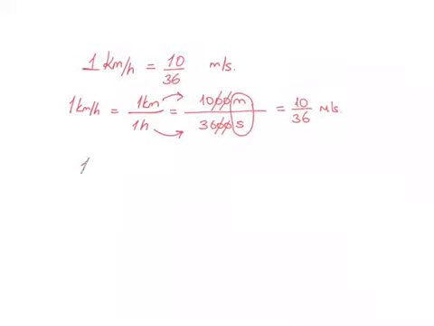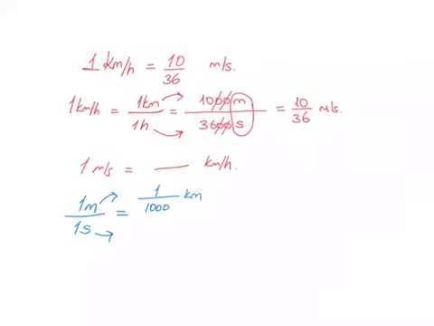What about 1 meter per second is equal to how many kilometers per hour? Now I can take 1 meter per second as 1 meter per 1 second. I'm going to convert meter into kilometer and second into hour separately. 1 meter is equal to 1 over 1000 kilometers and 1 second is equal to 1 over 3600 hours.